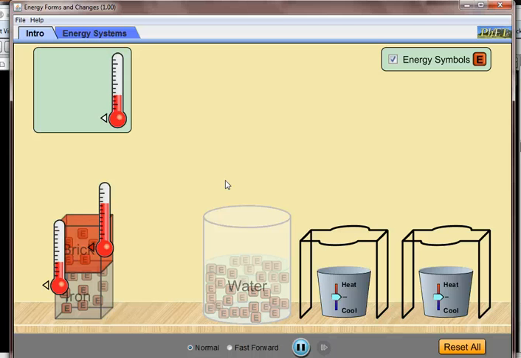Yeah, let's wait for some more time and see what happens. Now we clearly saw that there was a flow of energy from brick to iron.